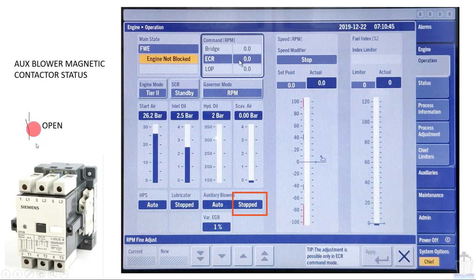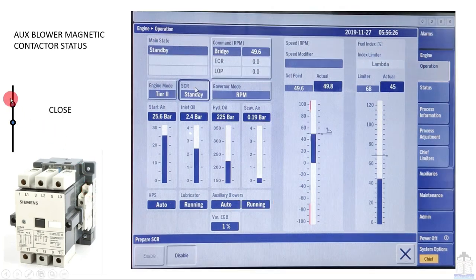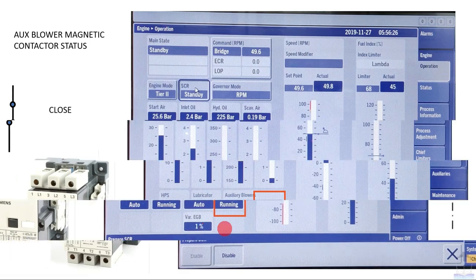Now if I make it on, then this contact will be in a closed condition and the information running will appear. Now you can see that this is closed, so this running information has appeared. So all this sort of information comes from this type of contacts. These are the auxiliary contacts, relays. So I hope this is clear to you.